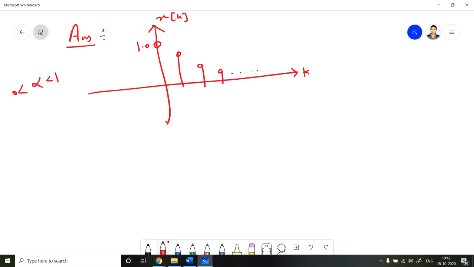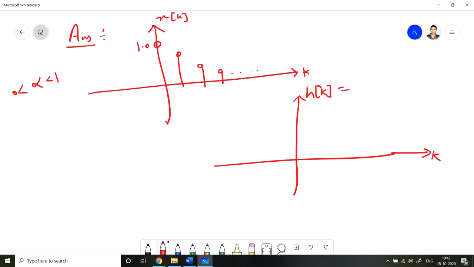Then we have the plot of hk. hk is basically alpha raised to the power minus k into u of minus k.